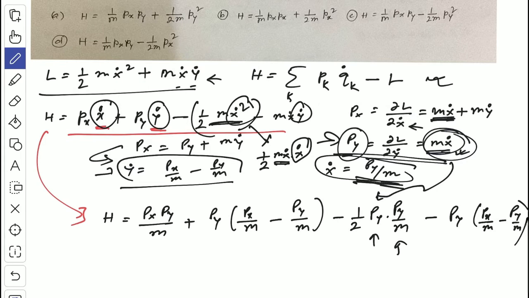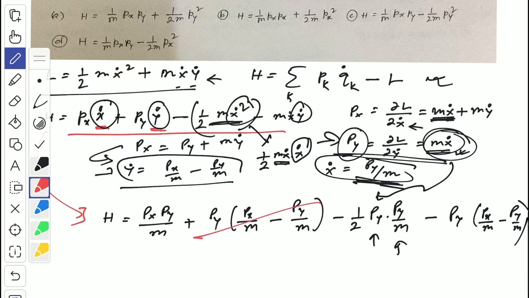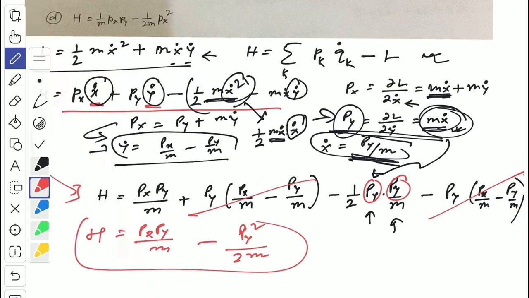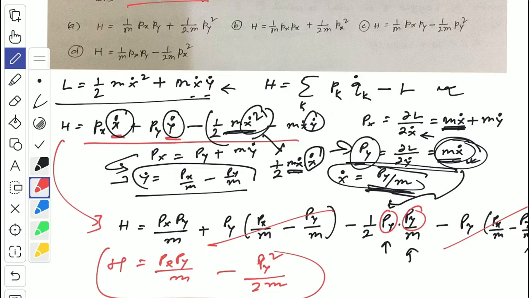If you simplify this, it's very simple, this term and this term cancel, then you must get p_x into p_y by m minus p_y square by 2m. This is the Hamiltonian that we need to find.